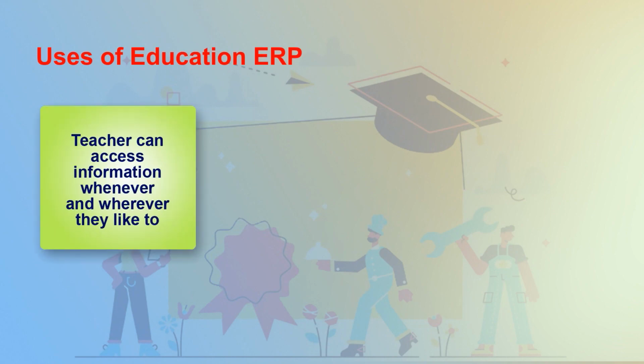Moreover, uses of ERP software vary per stakeholders. For example, say for teachers, it can access specific student data across departments that will help the teachers to understand the students' journey better and to provide personalized learning experience.